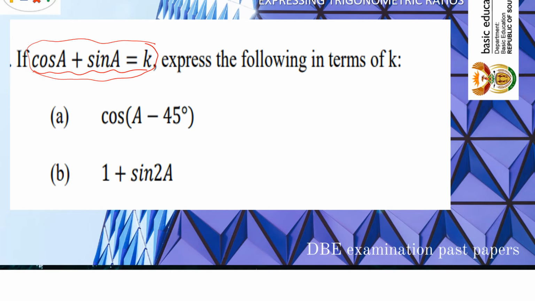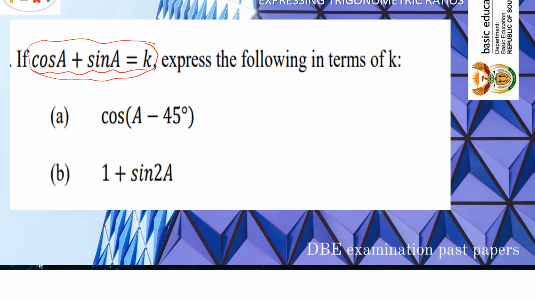It's already in its simple form, right? So in this case, where your given information is already in its simple form, you use the questions now in order to express them in terms of k. So now we're just going to go straight to the question.